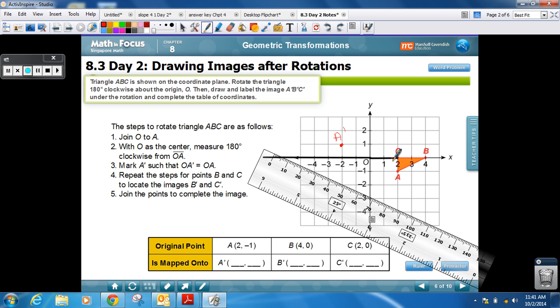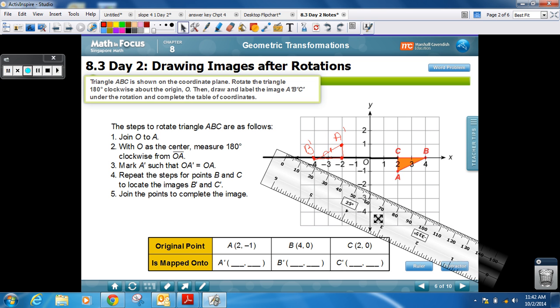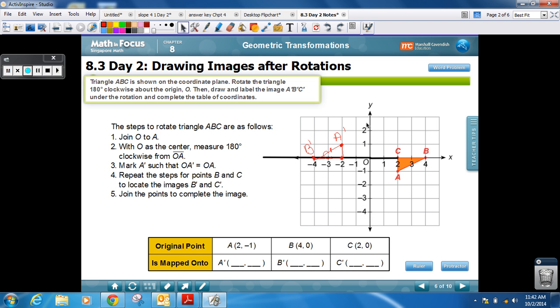Because C is 1, 2 from the origin, it would be 1, 2 from the origin this way, which would be C prime. B is the same thing. It's 1, 2, 3, 4 away. So we go 1, 2, 3, 4 away, and that is B prime. And then you connect it all to make the triangle, and that's what your triangle would look like after 180 degrees rotation. Okay, some students would rather not do it that way.